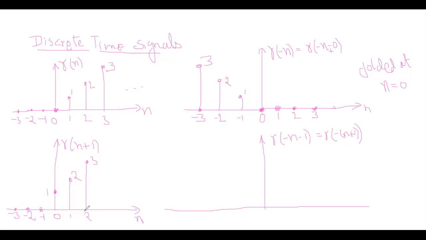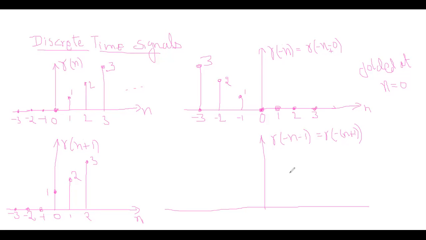Means one sample is shifted towards the left side. This is the advanced function. Now, for r of minus n plus 1, we draw r of minus n folded at 0.